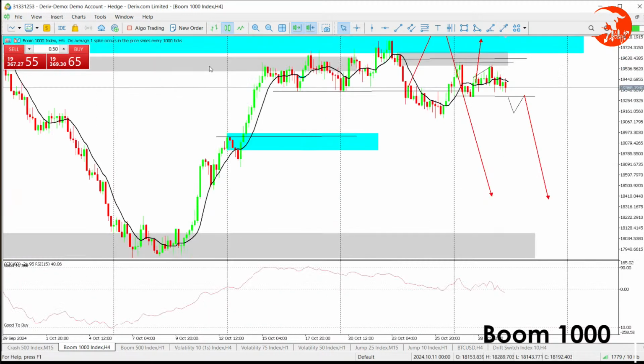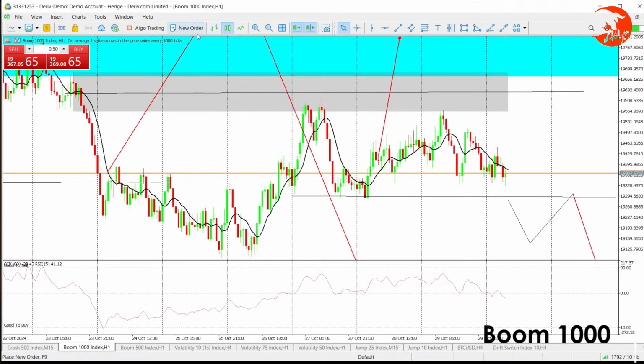For now we can go to lower time frame, delete whatever that is not necessary, and then head over to H1, look at the structure, and according to H1, looking at the previous candles, I have something like that, and something like that.